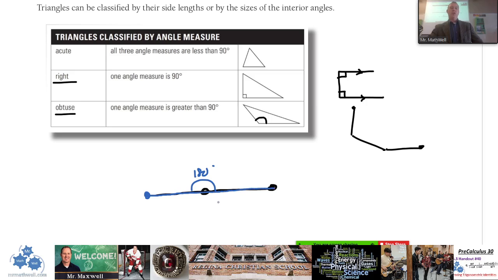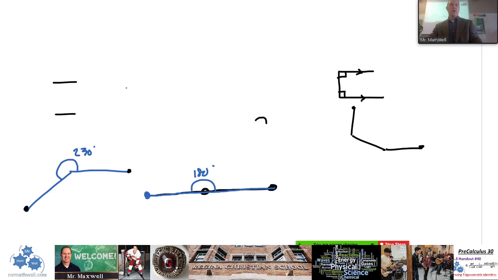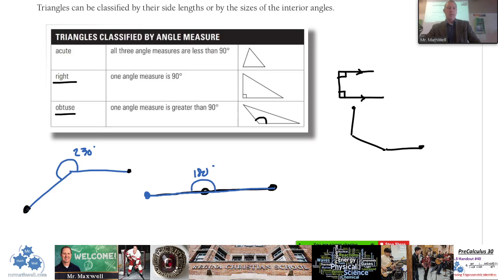And if it's greater than 180, let's say this was the angle, like 230 or something, then how are you going to make a straight line that goes from here over to here, around here? You can't have a straight line. It has to be curved. The only straight line you could have is from here to here, and then this angle of 230 would not be in the triangle.